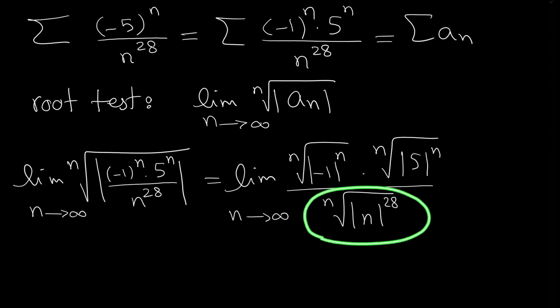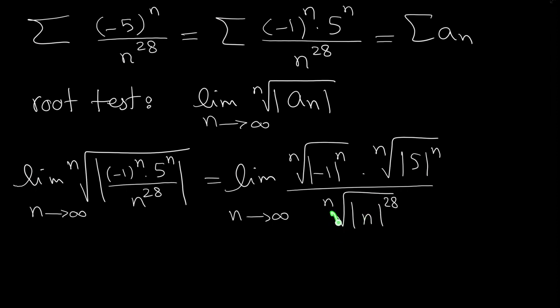How about the denominator? Denominator is absolute value of n, actually, under the root n to power 28. Or you may write it as absolute value of n to power 28 divided by n when n approaches infinity. First of all, we do not need absolute value because n is positive.